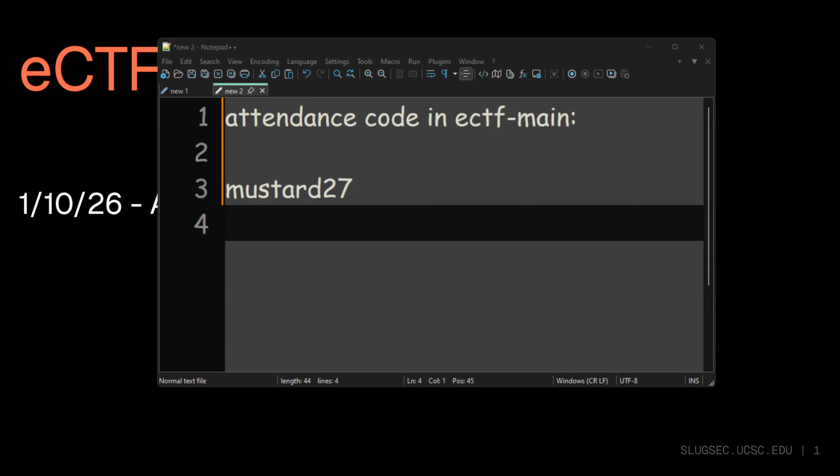All right, has everyone signed in on Discord? In the eCTF main channel, there is a bot message that has a button that says sign in. So you just click that. It will send you a message that only you can see below if you scroll down. The code is on the screen, but I'm going to take it down in just a minute.